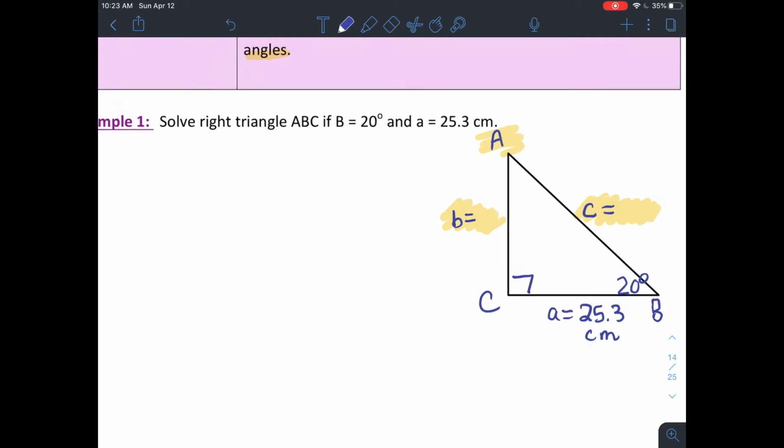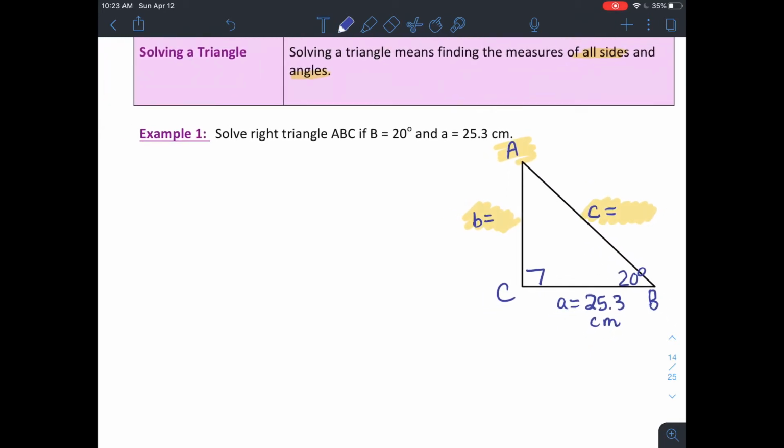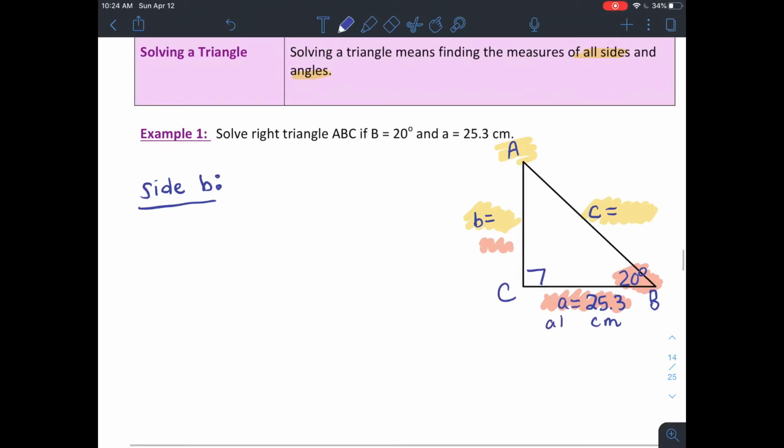Okay, so it doesn't necessarily matter where you start. I'm going to go for side B. So if you think about finding the length of side B, what I have is one angle. So I've got my 20-degree angle. If I think about it along with the side length that I have and the side that I'm looking for, so I'm just going to highlight everything that's involved here. In relation to angle B, side A is the adjacent side, and the side that I'm looking for is the opposite side.